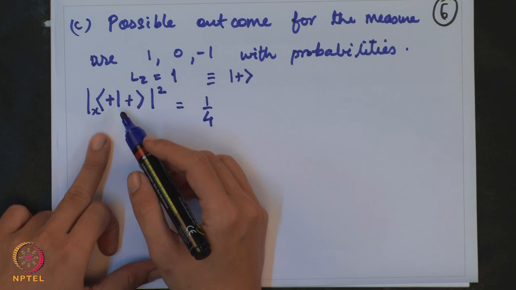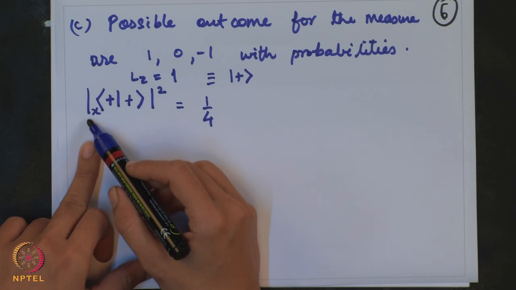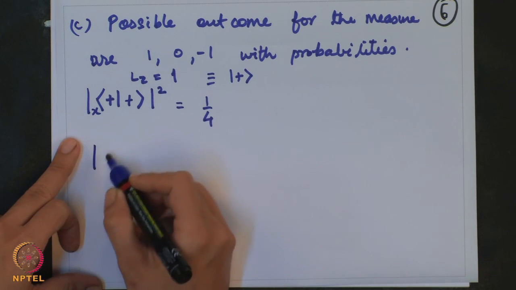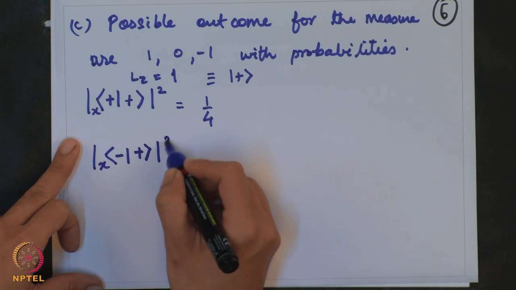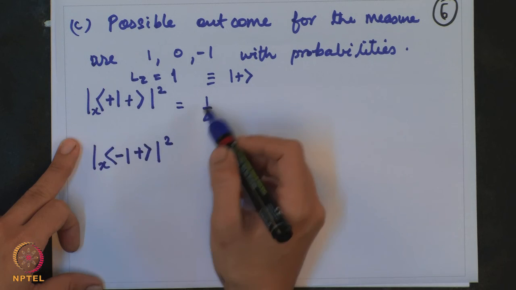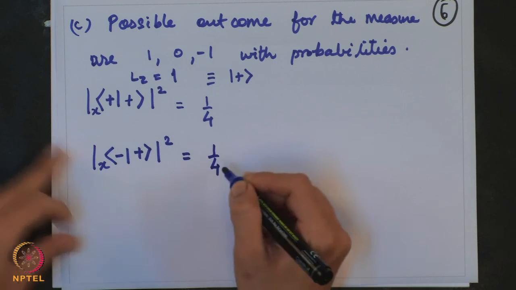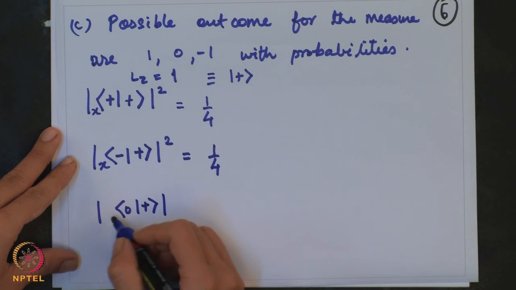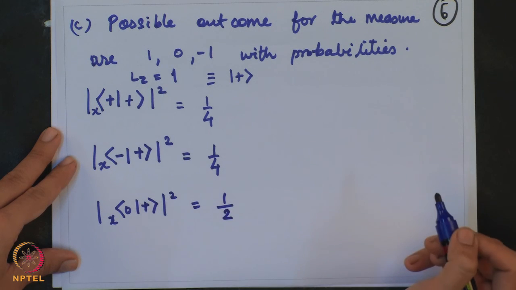We have already obtained the eigenkets plus, minus and 0 in both the Lz and Lx bases. Using that information, you can calculate the result. For plus you have 1 by 4, for minus the probability is again 1 by 4, and for ket 0 with Lz equal to 1 it is simply half.